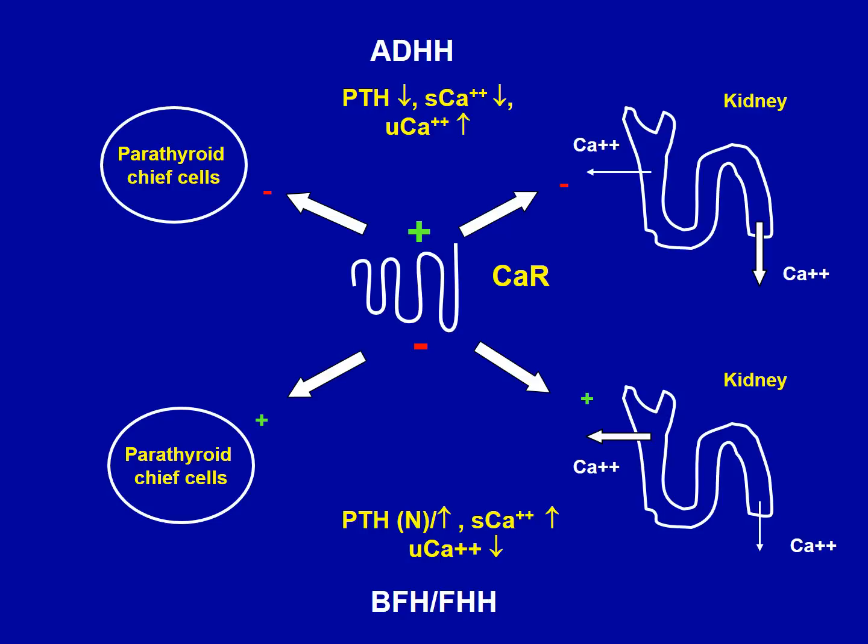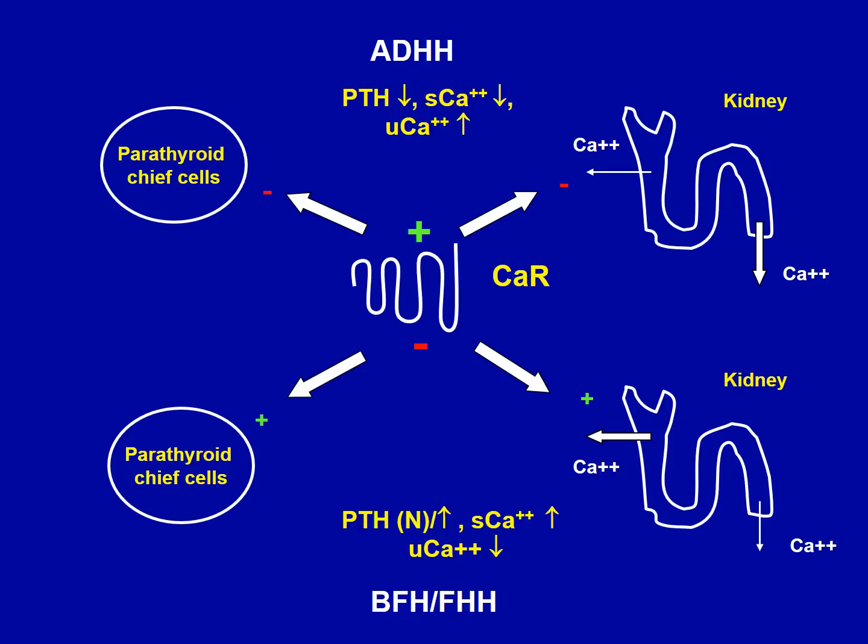The activating mutation, represented by the green arrow, causes the ADH or autosomal dominant hypocalcemia phenotype, and the inactivating mutations, the red minus sign, cause the benign familial hypercalcemia phenotype, and they're basically mirror images of each other.